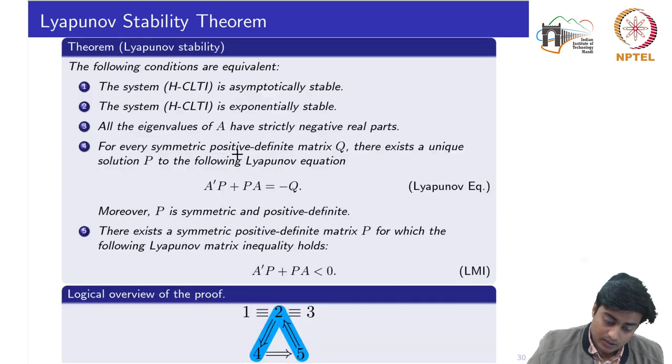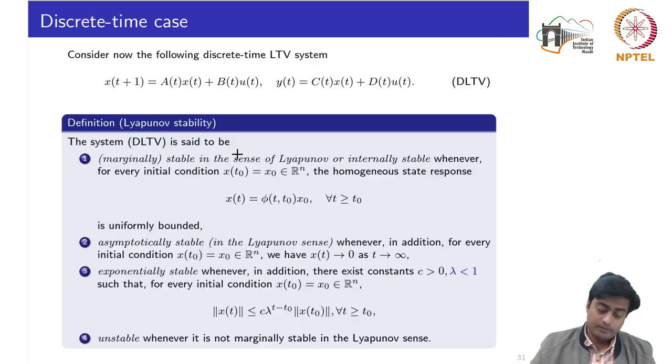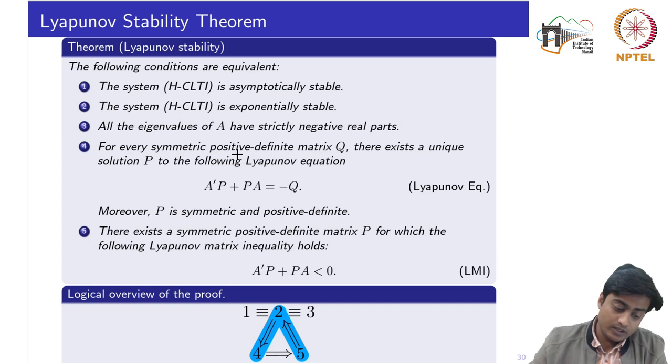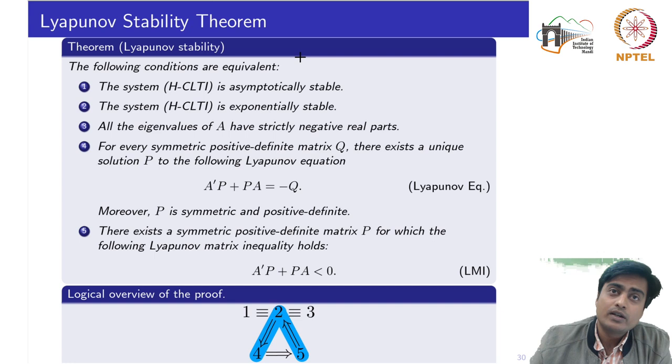So this is the overall proof of the key important theorem, which gives us the test for stability without even computing the solution first, and second, without even computing the eigenvalues, because for a higher order system you would have higher order polynomials, and you need to solve a higher order polynomial to compute the eigenvalues.